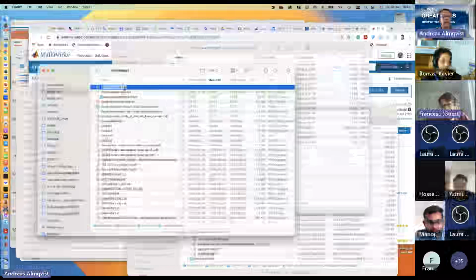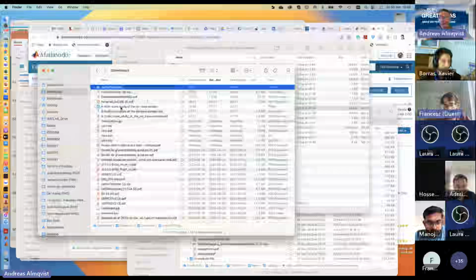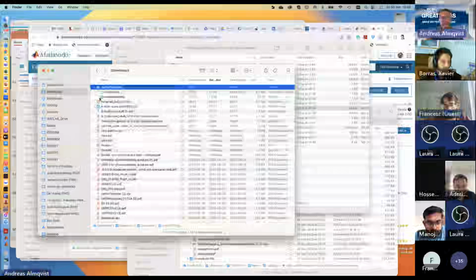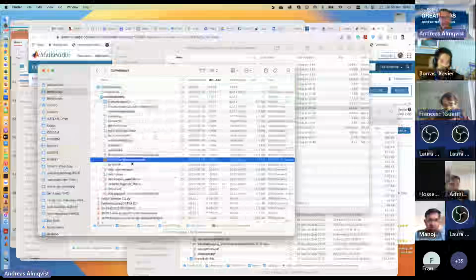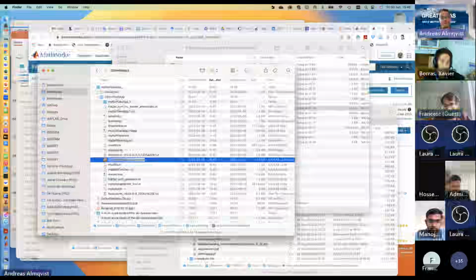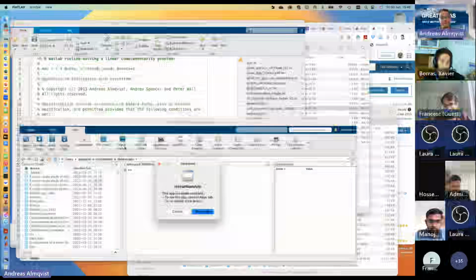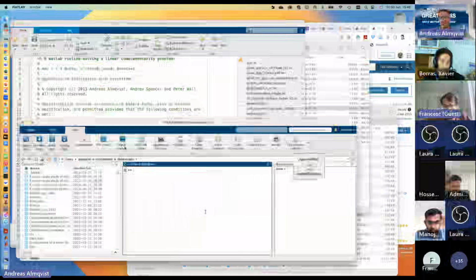I don't know if MATLAB likes that, so I just put an underscore or something. So now I have my folder, and what I need to do in this one is to locate my surfgen app .mlappinstall file and run it. And I had of course already installed it, but I reinstalled it, doesn't matter.